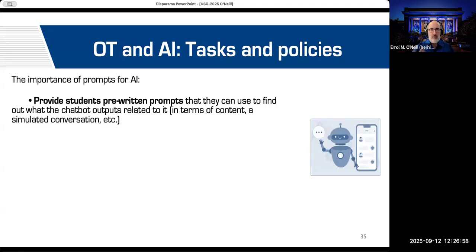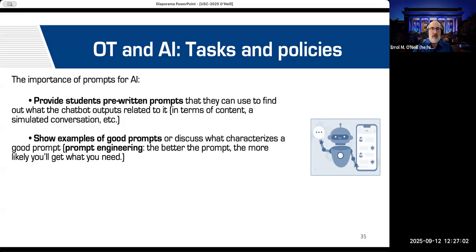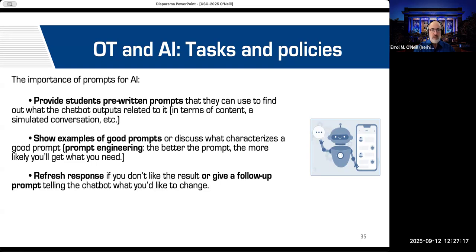So students can explore what sort of outputs they're getting, and you can compare with students in class, for example. You can show them examples of good prompts, and there's the concept of prompt engineering, helping students to create prompts that will get them the output that they're looking for.